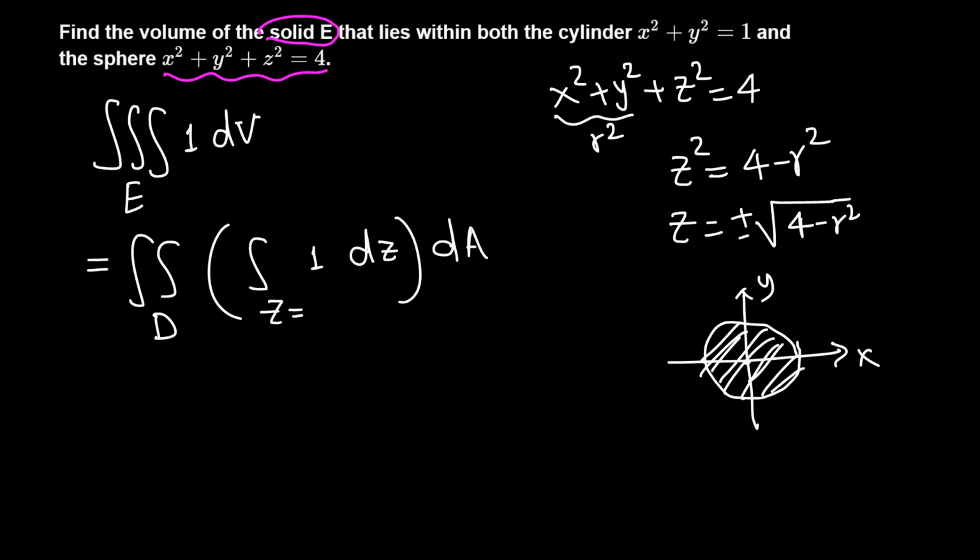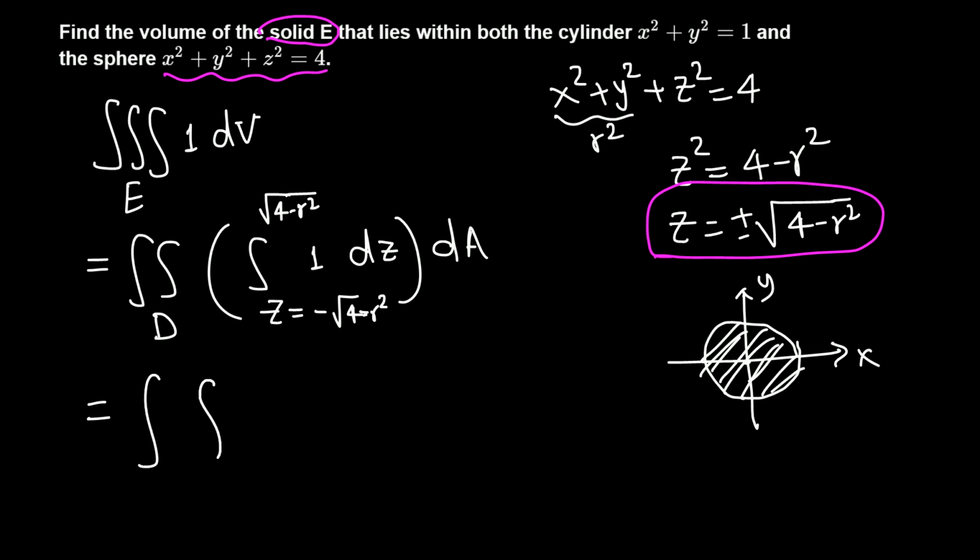For this question we just found the bounds for z in polar: negative square root of 4 minus r squared to positive square root of 4 minus r squared. So z goes from negative square root of 4 minus r squared to square root of 4 minus r squared, and the function is just 1 dz.